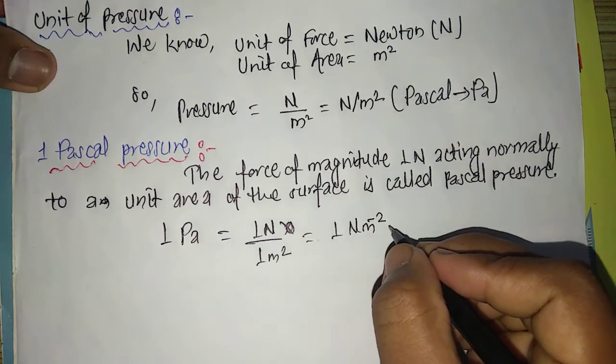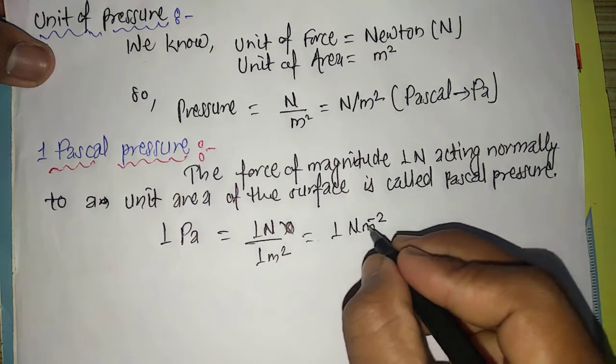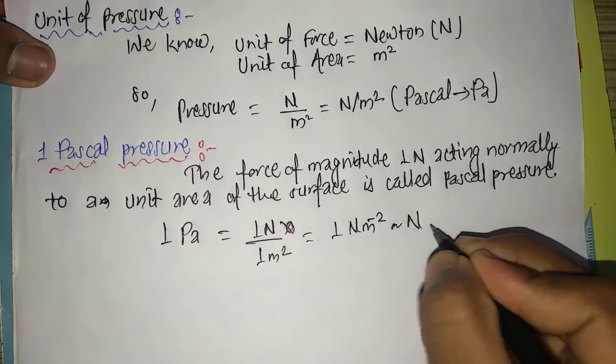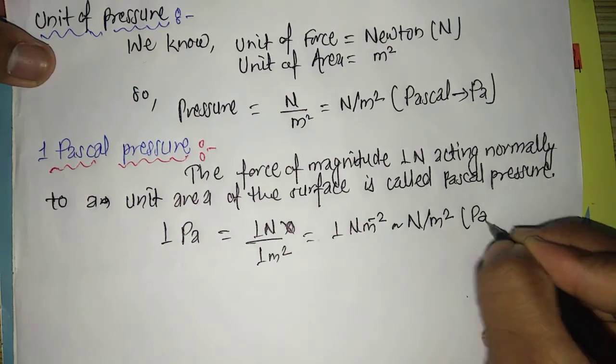You can write it as N m to the power minus 2, or in this way, Newton slash meter square. This is called Pascal.